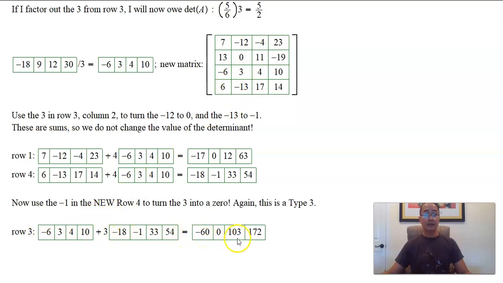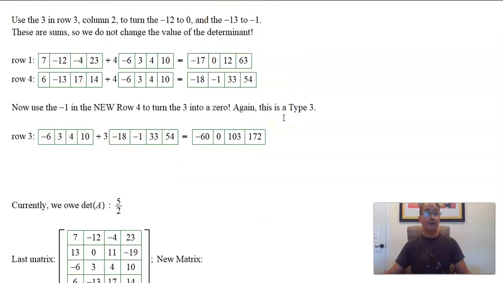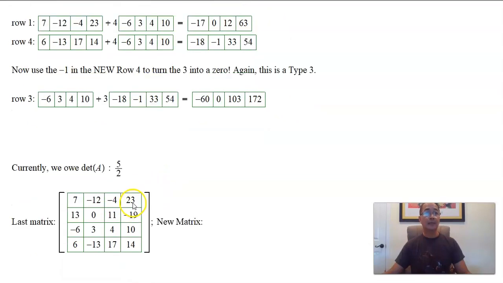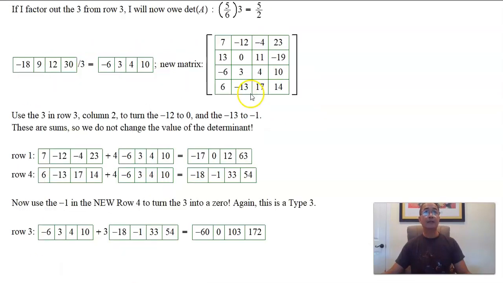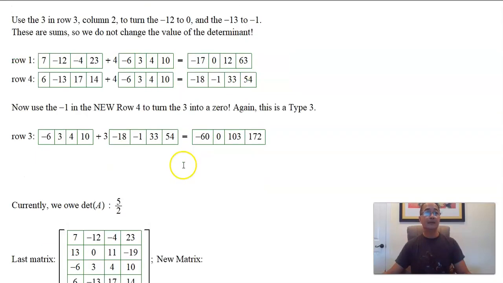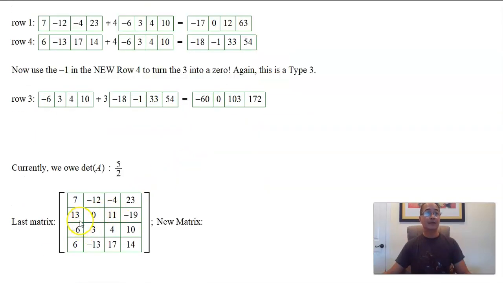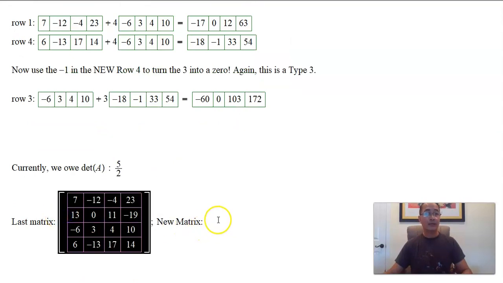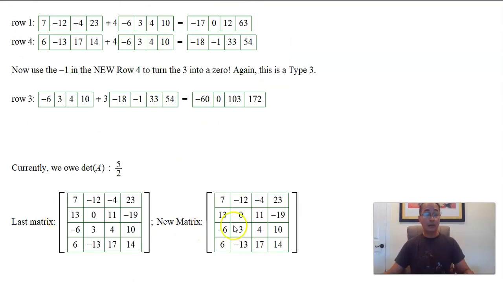So this will be the new row 3 in our next matrix. Okay. Also, we currently owe the determinant of A 5/2. Okay. So let's make a note of that. And I copied our last matrix from here down to here. Okay. So we are going to use that now to make our new matrix.